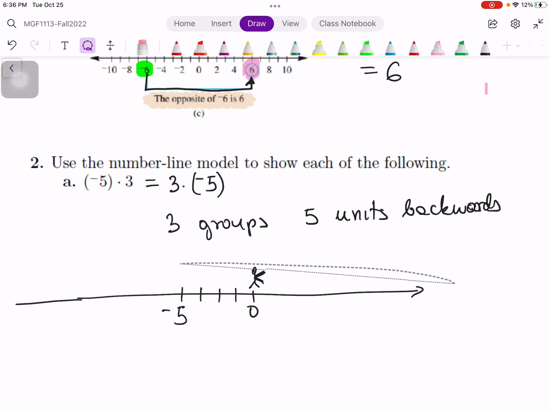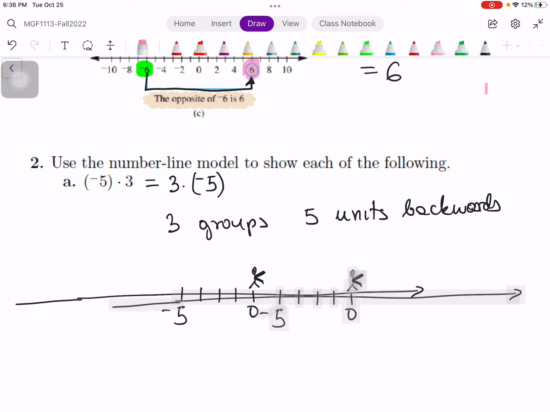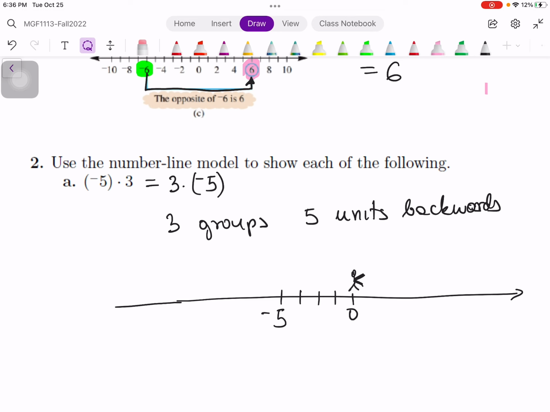Maybe I need to shift it. So I'm going to go 3 times 5 backwards. So that will be my one -5, then I need another -5. So -6, -7, -8, -9, another 5. That brings me to -10, and another 5.